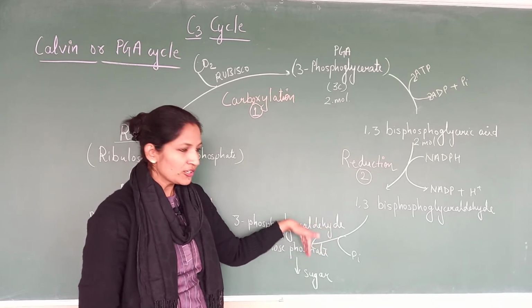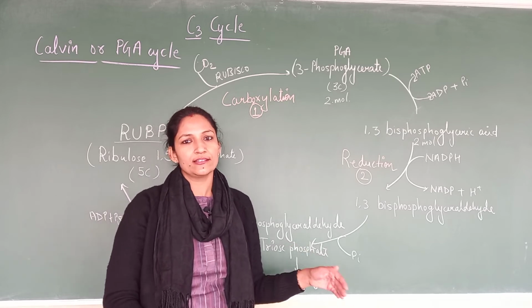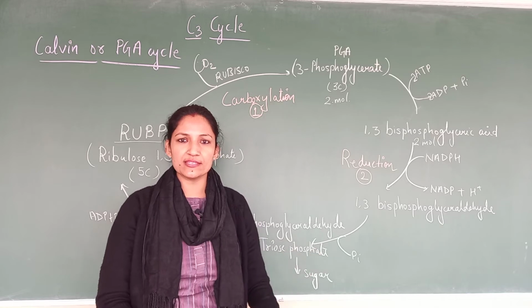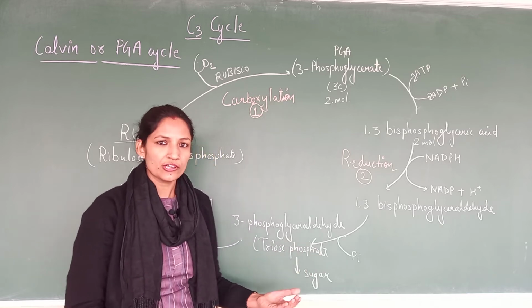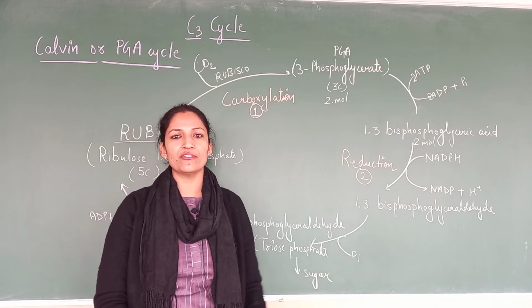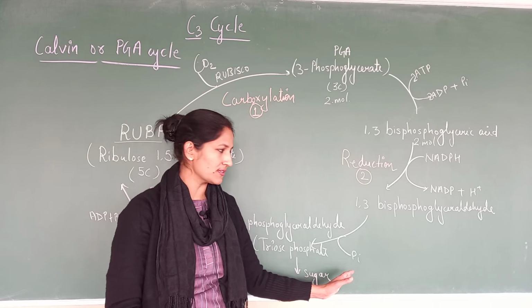This will follow another reaction series in which different sugars are formed, trioses, pentoses, hexoses, got it, to form the glucose and stored in the form of the starch. So this will continue with different kind of reaction series.